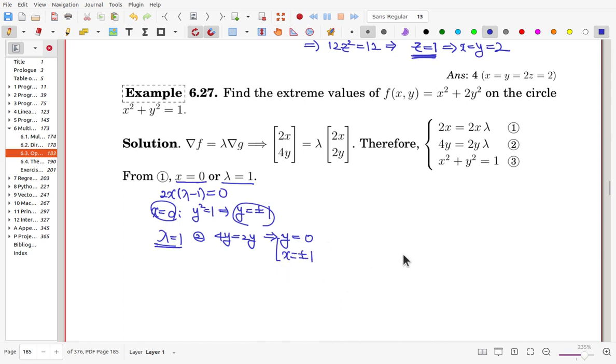So on the circle of radius 1, we found 4 points. Once x equals 0, then y is plus minus 1. Once y equals 0, so it's on the horizontal x-axis, then x is plus minus 1. So we found 4 points.